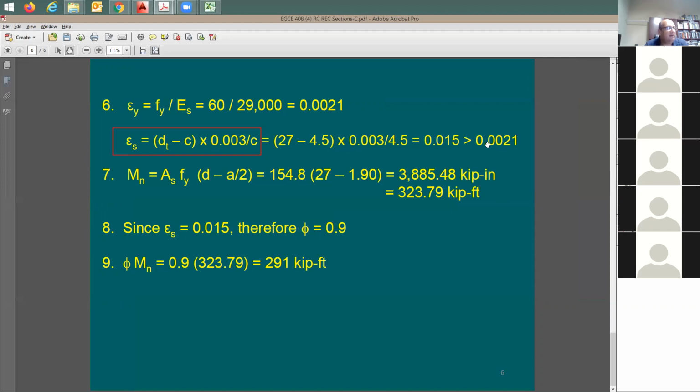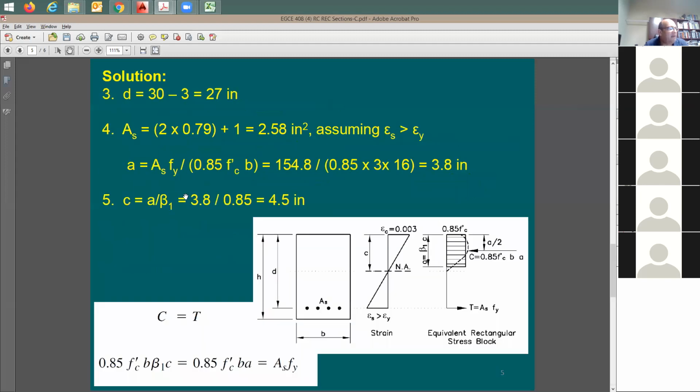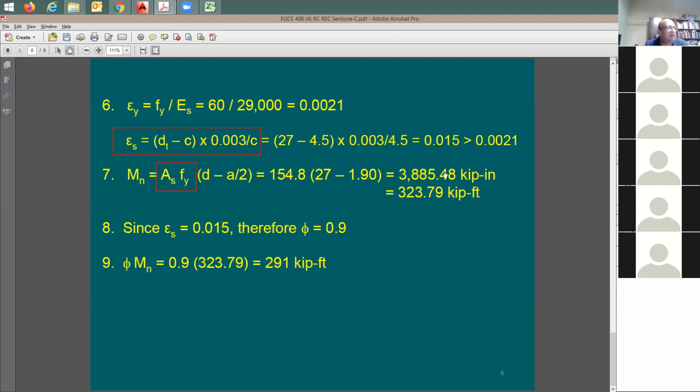This is great. How about Mn? You can see it's going to be equal either tension or compression. So here I have used the tension, As times Fy, the 154.8, times d minus a over 2, d is 27. And don't forget, it is not really the c that I'm going to divide by 2, it's going to be the a. So I'm going to go back. Your a value is 3.8. Divided by 2 is going to be 1.9.